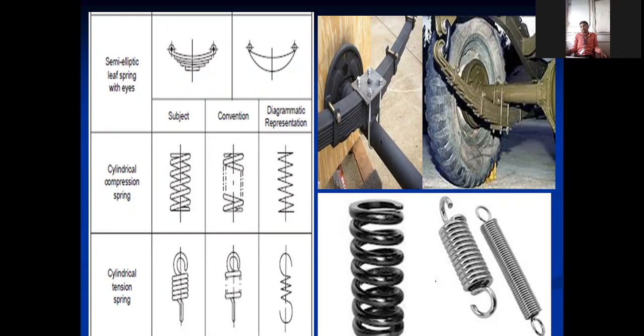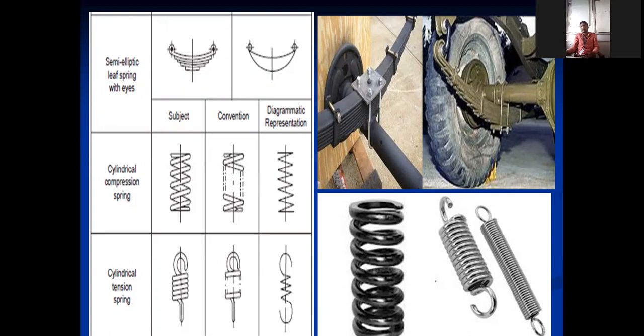To connect the leaf spring with the body of the automobile. Center band चा काय उपयोग आहे लिप स्प्रिंग मध्ये? It holds a number of leaf springs. Very good, it will hold a number of leaf springs together.